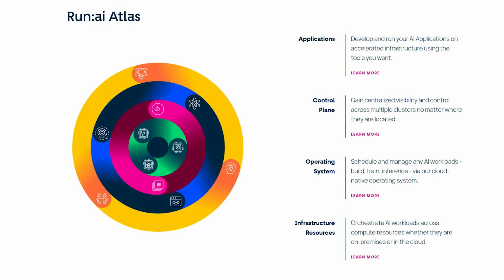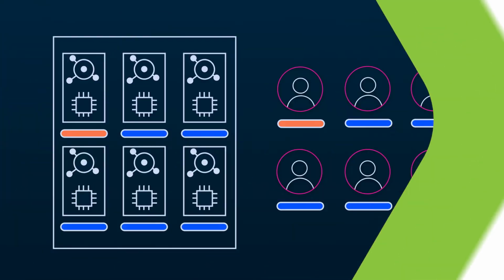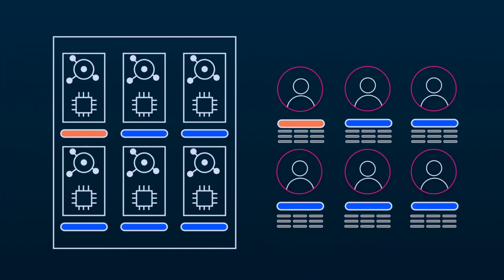The company's Atlas platform speeds up data science workflows and creates visibility for IT teams who can now manage valuable resources more efficiently and ultimately reduce idle GPU time. So you could potentially have thousands of experiments or jobs queued up and provisioned on available GPUs, automatically saving days of processing time.